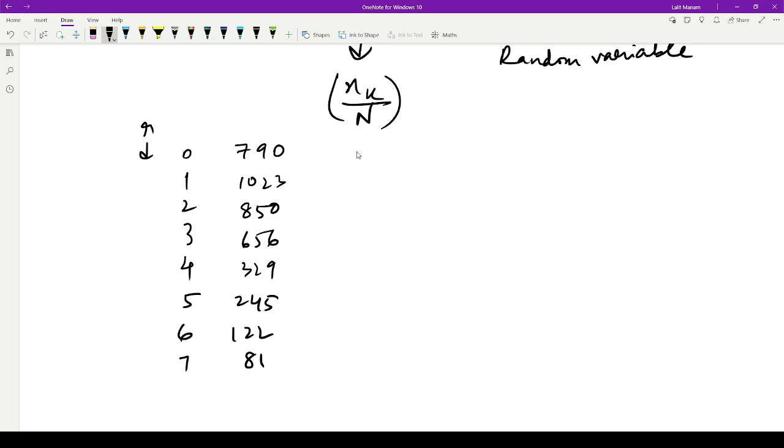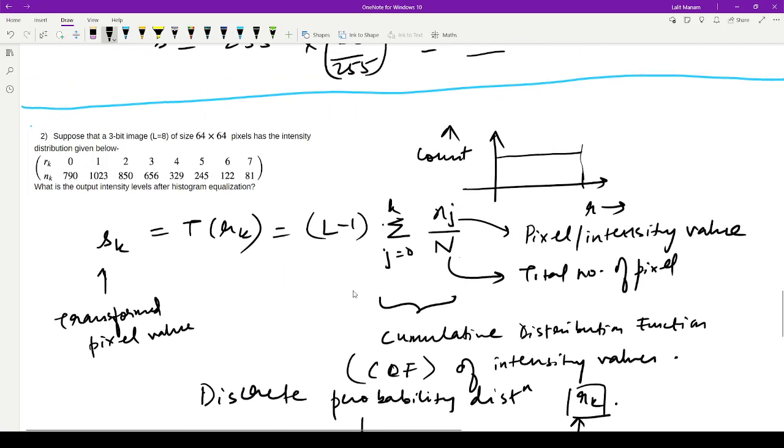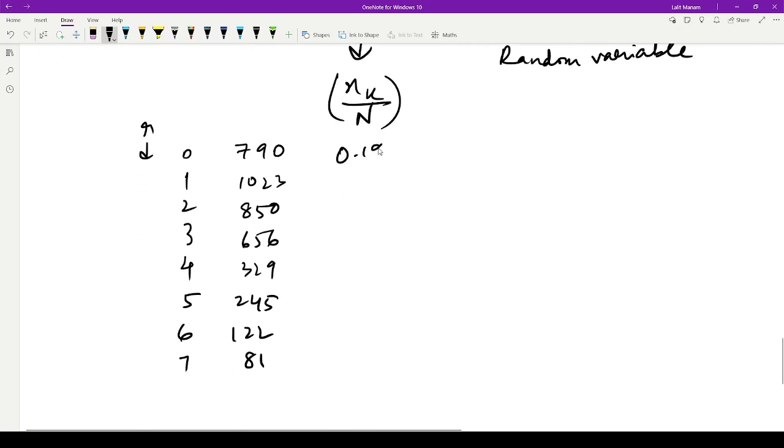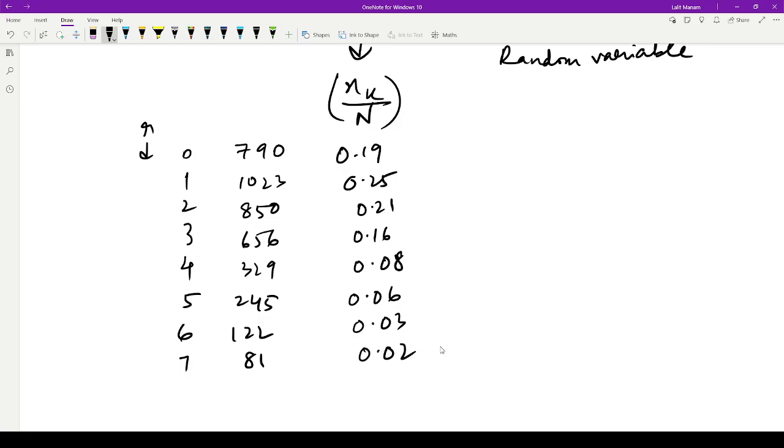If someone just divides it by the total number, it turns out to be something like 0.19 and then 0.25, 0.20, almost similar. I'm just rounding it off. 0.06, 0.03, 0.02. I'm just copying numbers from whatever I solved earlier.